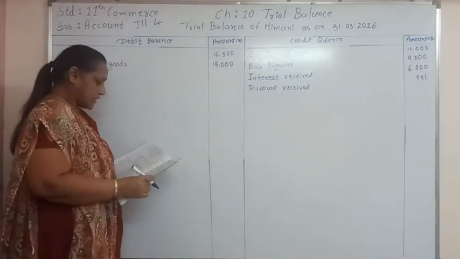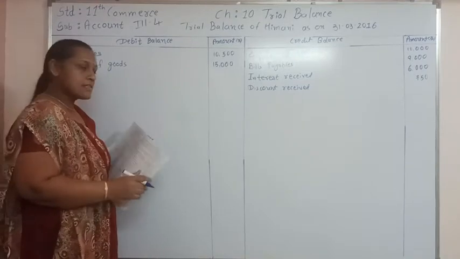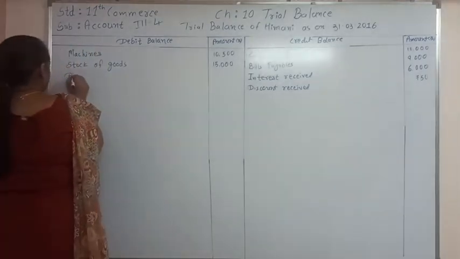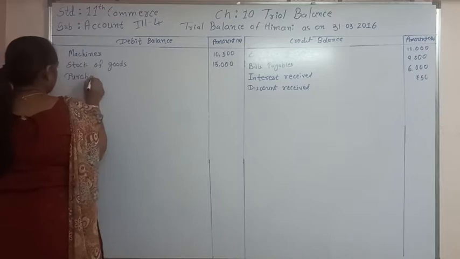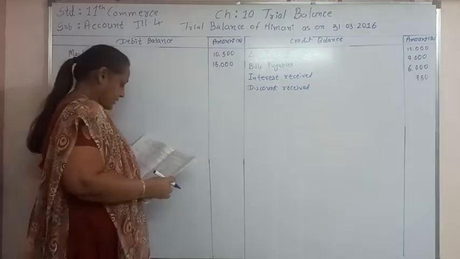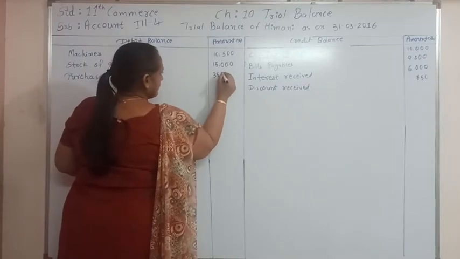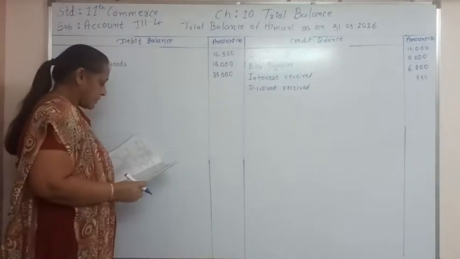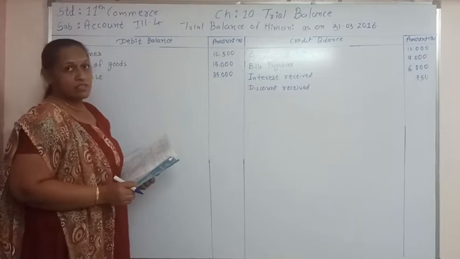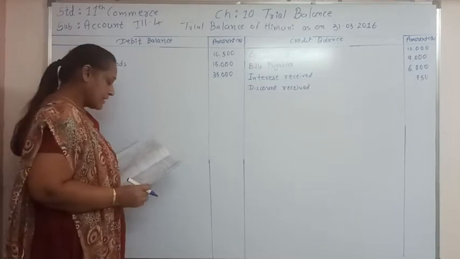Then the another thing is purchase. Purchase has debit balance, and it is 35,000. After purchase there is wages. Wages is our expense and expense has debit balance.